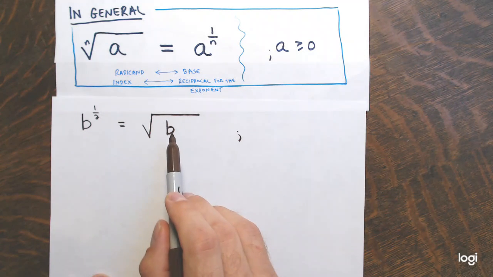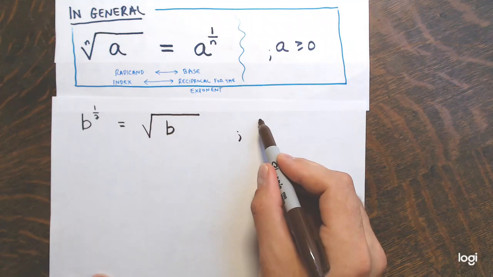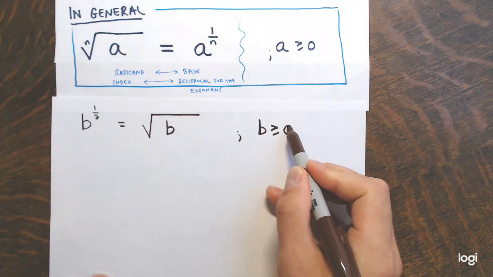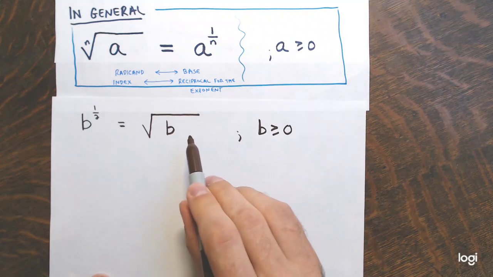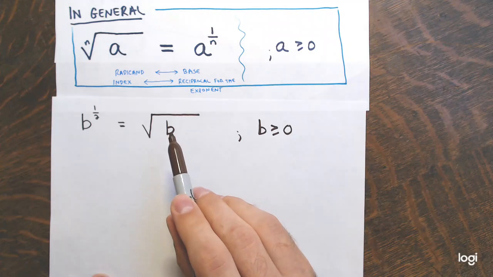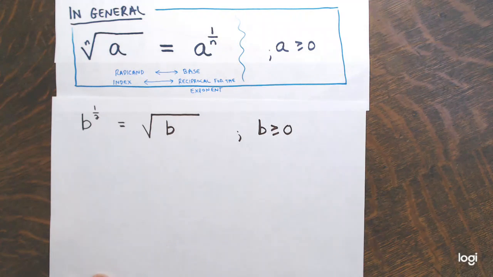What am I allowed to plug in for B? B can't be negative here if I want to have a real output. So I'll mention off to the side that the value of B has to be greater than or equal to 0. B can't be negative, or you'll have exactly what happened in the last example, where I have the square root of a negative, and that's not real.